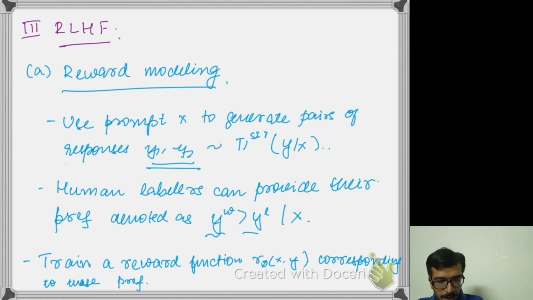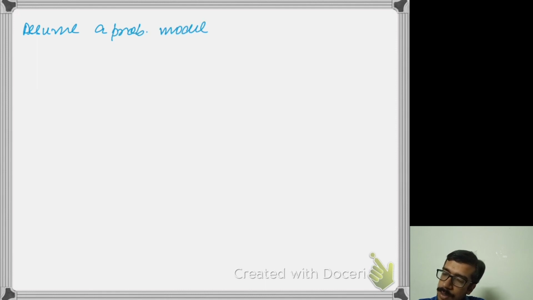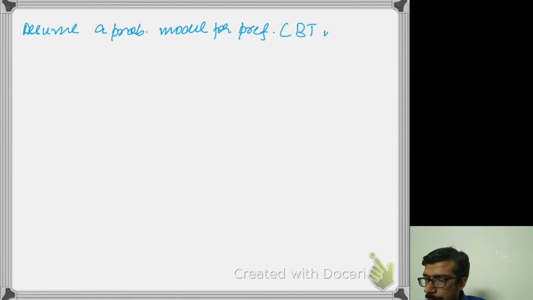And in order to learn a reward function, what we do is that we need to make some assumption on the probability distribution. So the assumption is that we assume a preference model, so we assume a probabilistic model for preferences. And one of the commonly used models is the BT model or Bradley-Terry model. Okay.